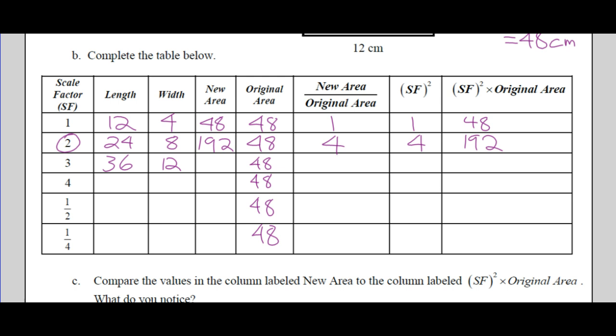What's the new area? 36 times 12 is 432. What's 432 divided by 48? 9. The scale factor is 3. If I square that, what do I get? 9. And what's 9 times 48? 432.